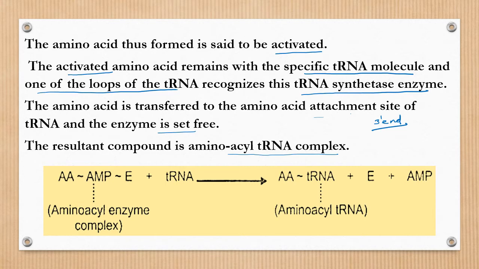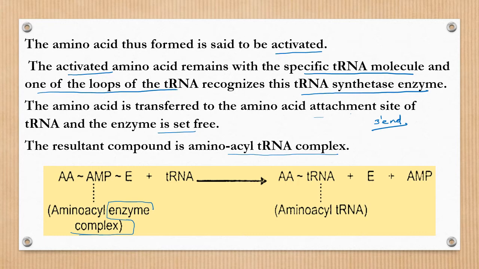So due to the presence of this enzyme complex, one of the loops of tRNA identifies the active amino acid. One amino acid is active because it has reacted with an enzyme, amino acyl tRNA synthetase enzyme.